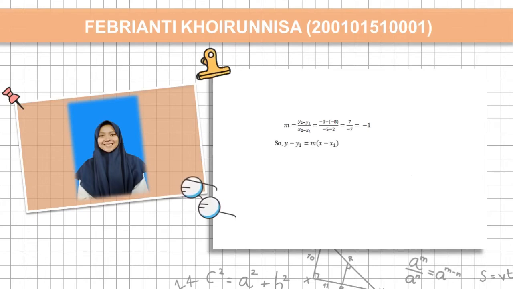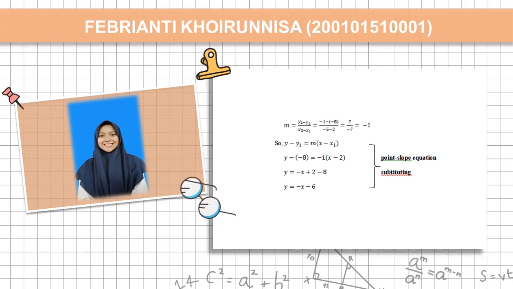And next, we use the point-slope equation, the formula y minus y1 equals m times x minus x1. In the formula, we substitute y1, m, and x1. We know y1 equals -8, x1 equals 2, and the gradient m equals -1. From there, we get y minus -8 equals -1 times x minus 2.